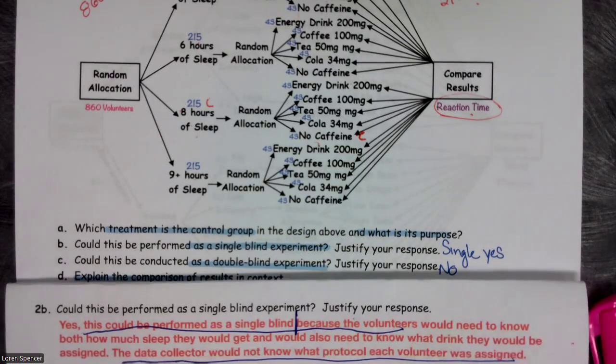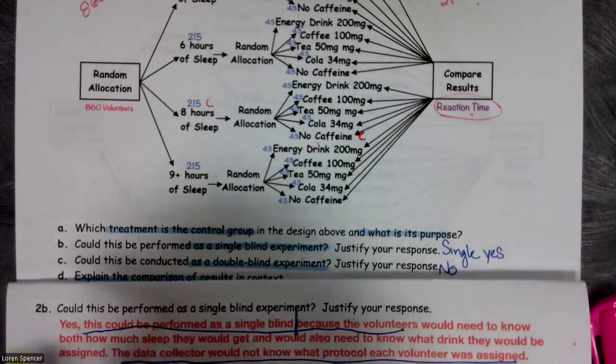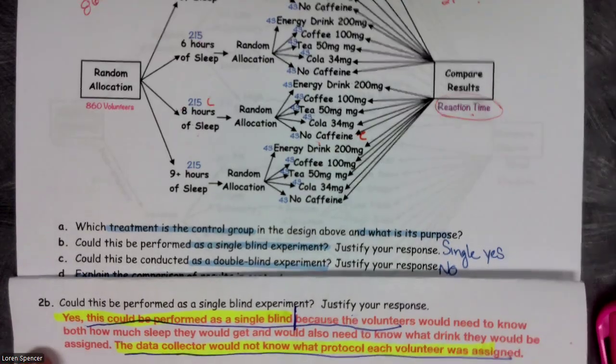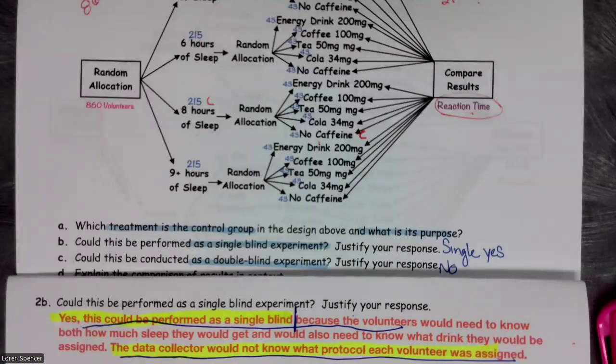And yes, this could be performed as a single blind. All right. You can stop right there. And the part that I have underlined, actually, I'll come back and I'll highlight it. All right. That's why it can be done as single blind. The data collector would not need to know.